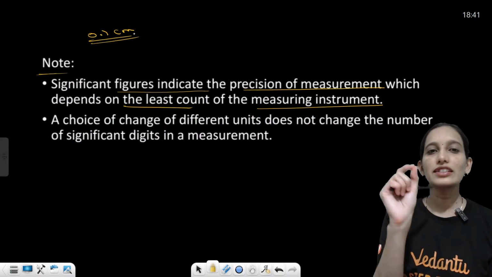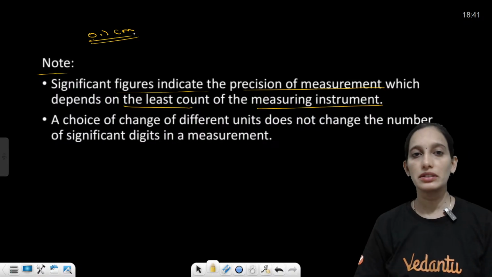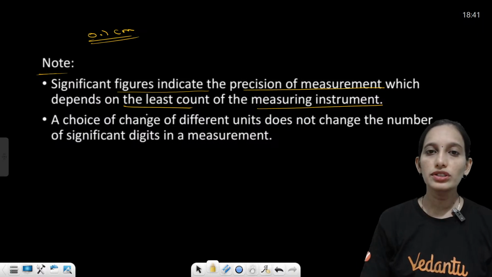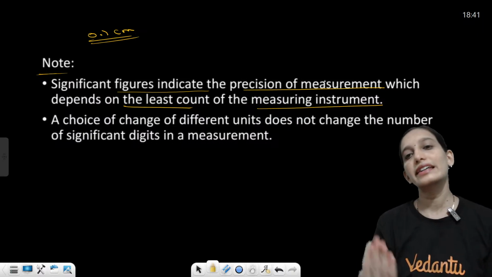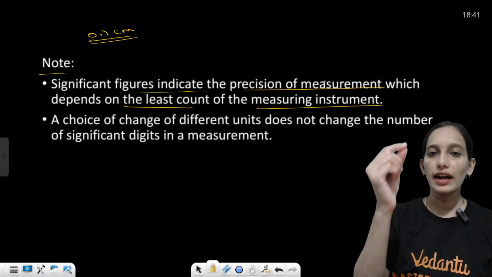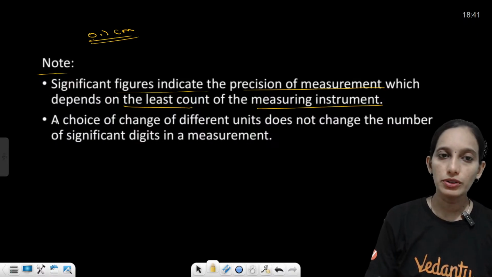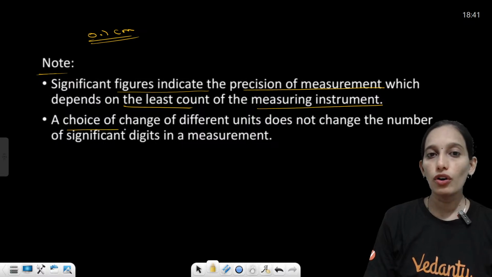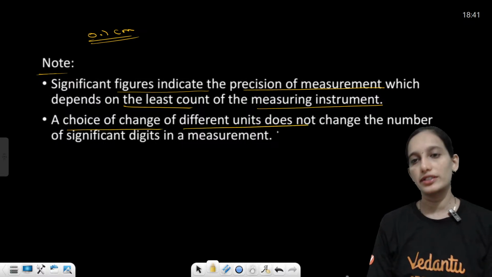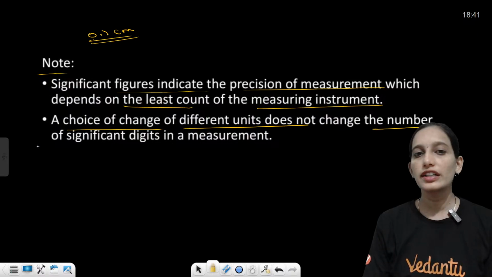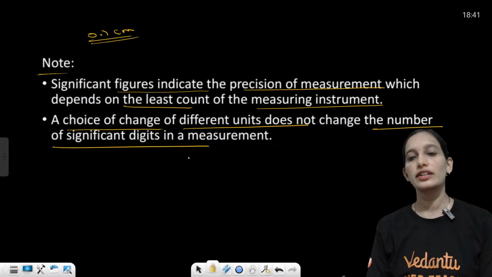What is its least count? It is 0.1 centimeter. So significant figures indicate the precision at which I am doing the measurement. We also have to understand that a change of units should not change the number of significant digits in a measurement.